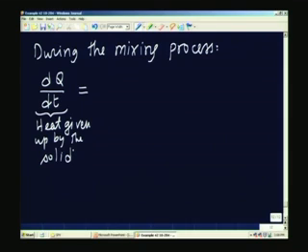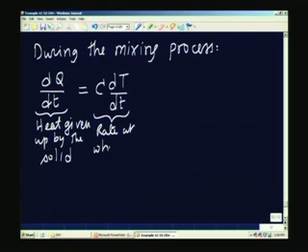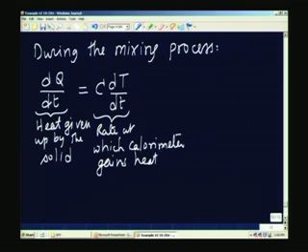This must be equal to the rate at which the calorimeter gains heat, which is given by C dT by dt, plus the loss, which I will write as K into T minus T1.